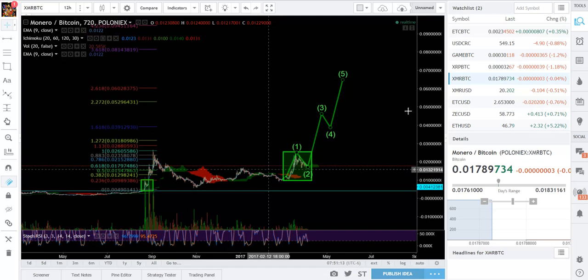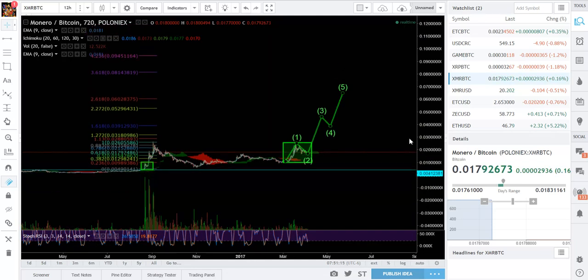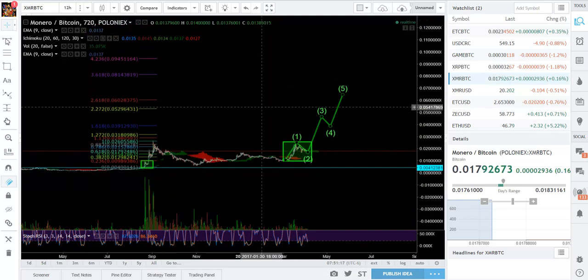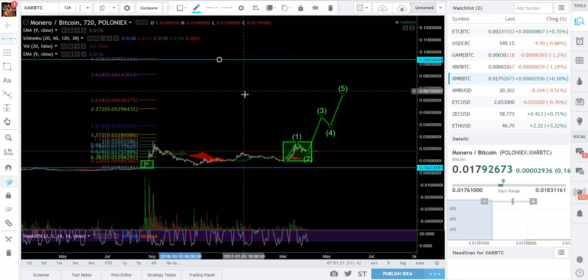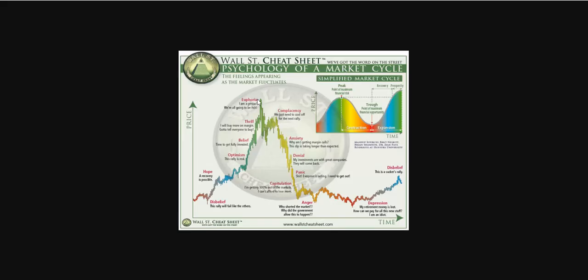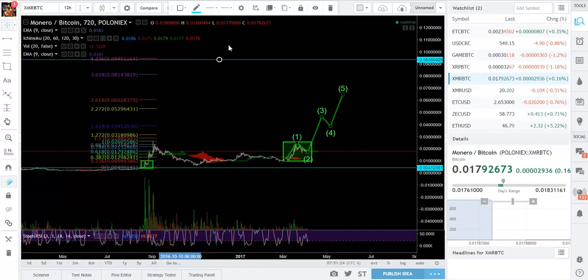Okay, and it shows us that this one could actually go all the way to here. By the time that it's done and reaches this point right here and then starts to break down, it could literally get all the way up to here.